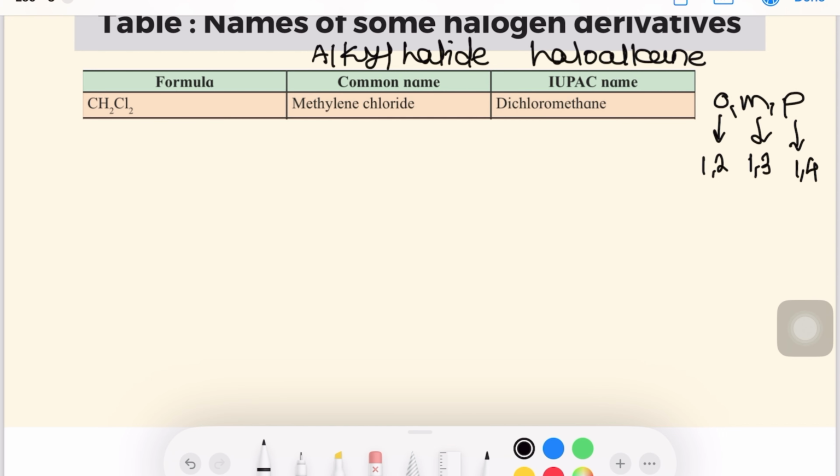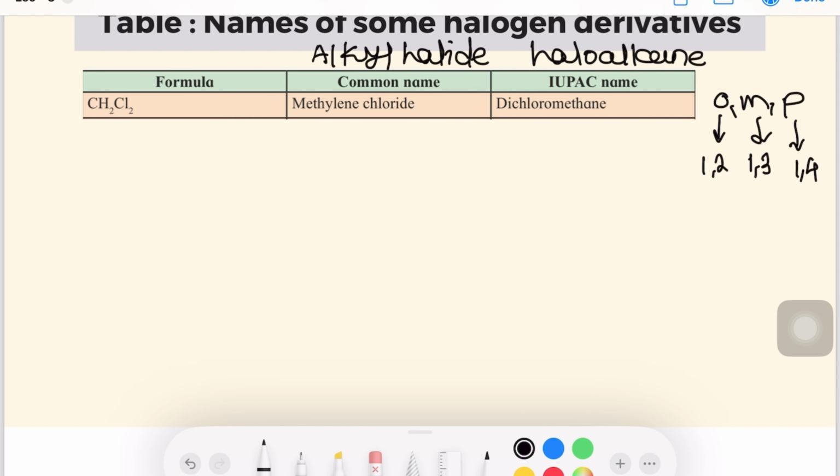Common and IUPAC names of some halogen derivatives: first, the formula is CH2Cl2. We know that carbon is a tetravalent element. So this is the carbon, and there are 2 hydrogen and 2 chlorine atoms. How many carbon atoms are there? Only 1, so the parent alkane is methane.